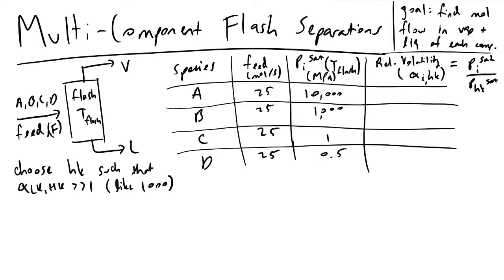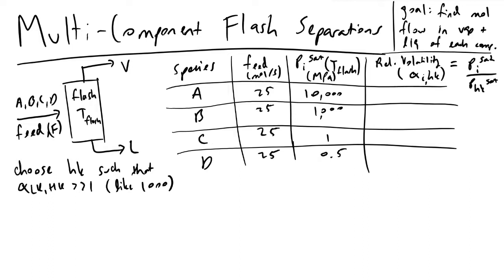And heavy key is the component in our table in which, when we find what our light key is, the light key is the component that is just above the heavy key component when we've arranged it in such a way that our most volatile component is at the top, we get a ratio that is a lot greater than 1.